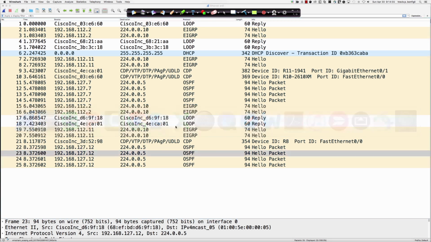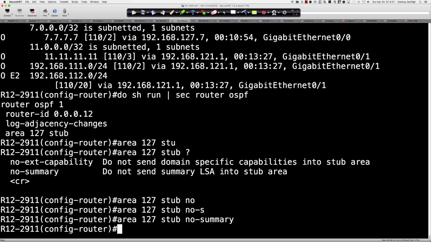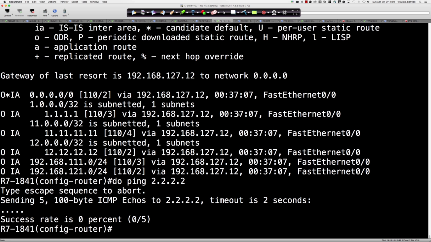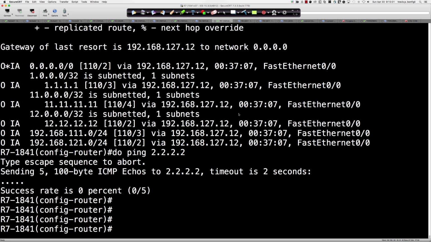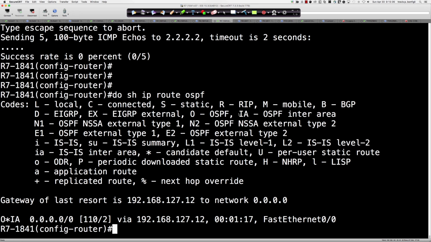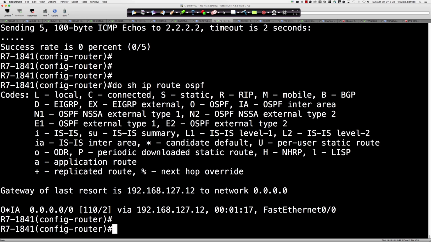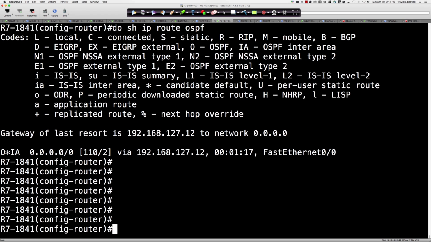And so what does that mean now for router 7, that internal leaf router in area 127? If I was to say do show IP route OSPF, that is it. And that is the ultimate optimization of a stub area, right? To make it a totally stubby area.